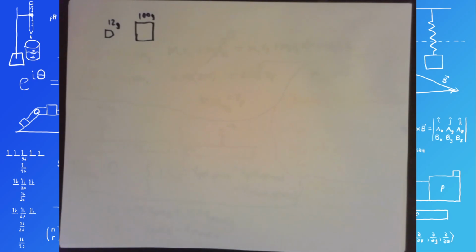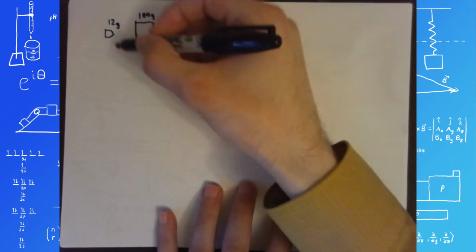The block is initially at rest on a frictionless horizontal surface. What else? Lost my place. And connected to a spring having a spring constant of 150 newtons per meter.